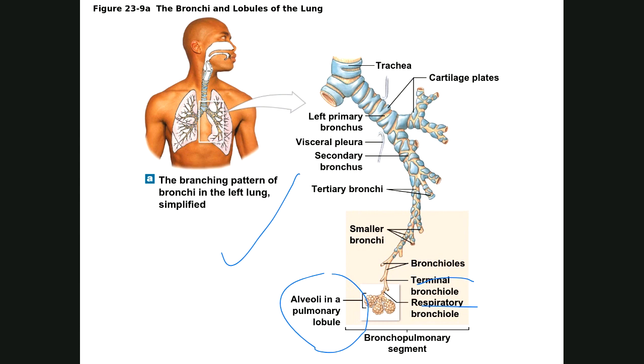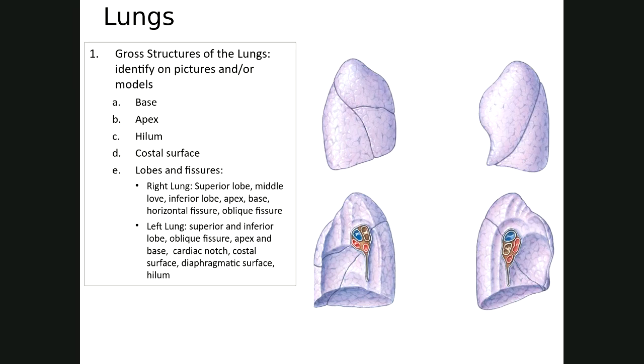So that's something we'll look at more in lecture, but you want to be able to have a really good feeling for these different branching patterns in the lungs. The actual structures of the lungs themselves are pretty straightforward.